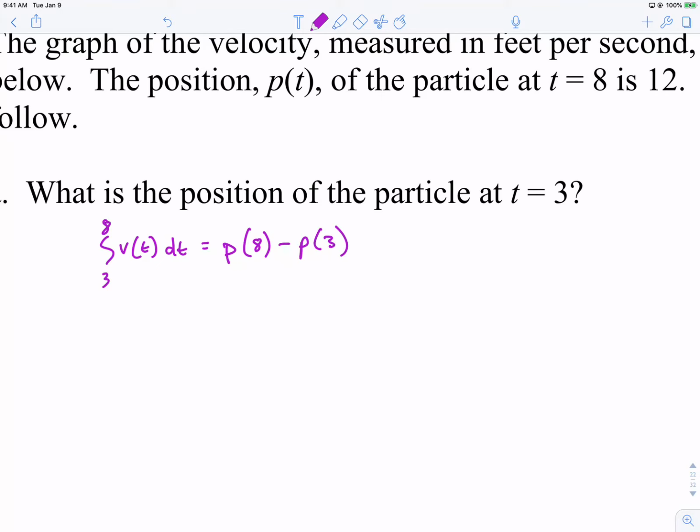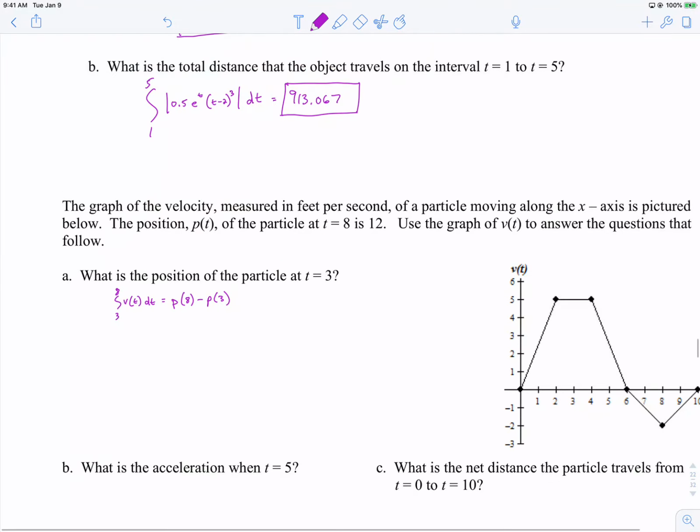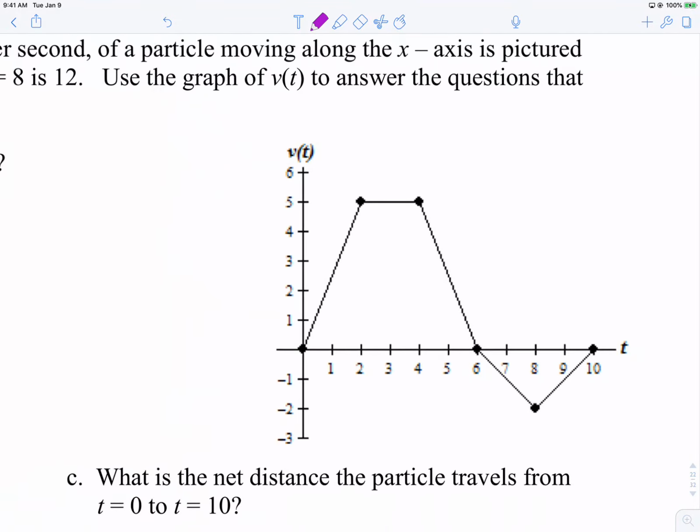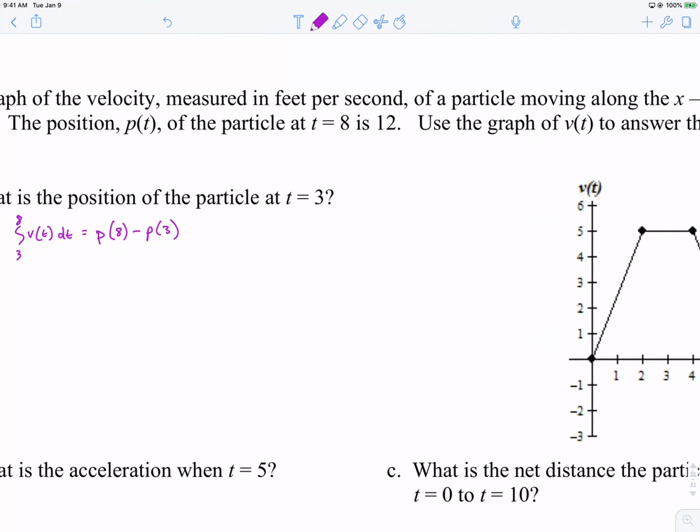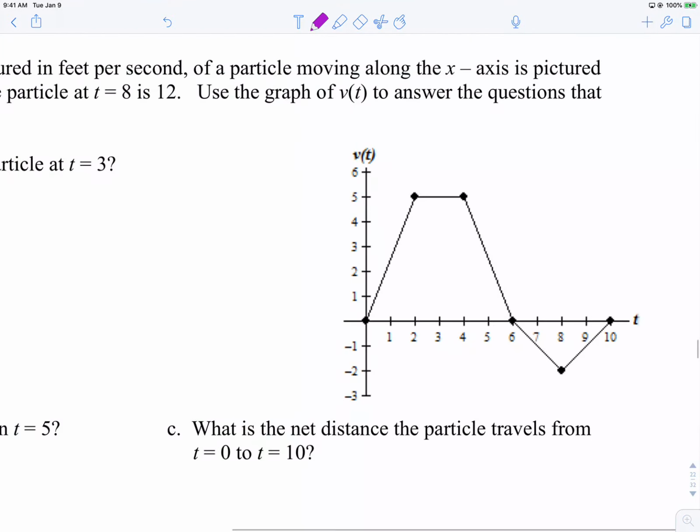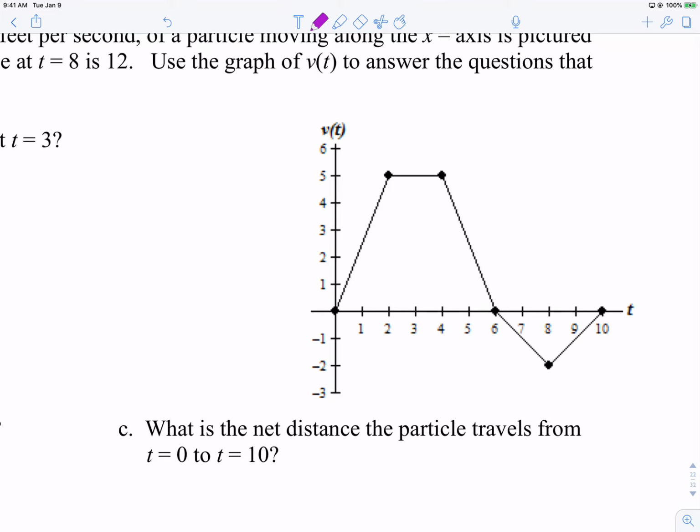So we can figure out that integral from 3 to 8 based on our picture. These are all geometric shapes that we can calculate. If we go from 3 to 8, we've got this trapezoid here, and that'll be counted as a positive value.